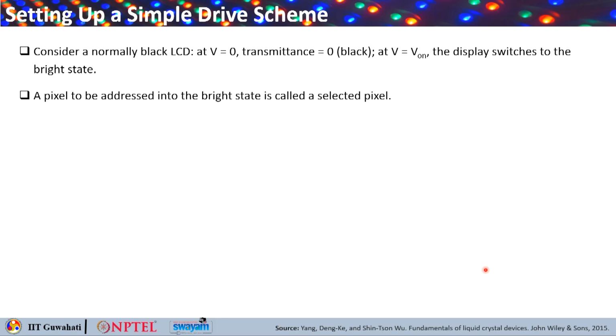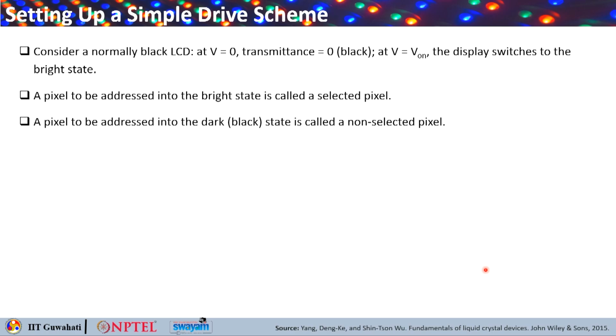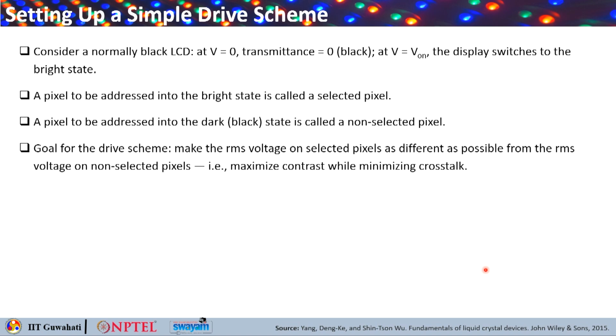Now, a selected pixel is one we want to drive into the bright state, and a non-selected pixel is one that we want to keep in the dark state. So what is the goal for the drive scheme?